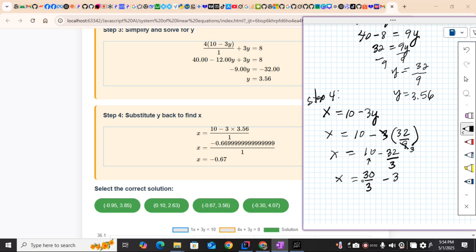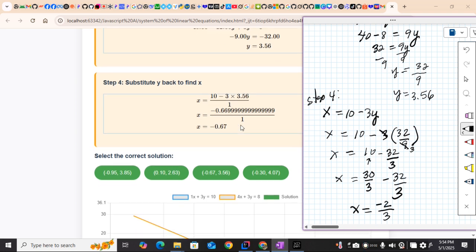So minus 32 over 3. All we need to do now is perform the operation. So over 3, 30 minus 32 is negative 2. And that is indeed negative. If you use your trusty calculator, that's negative 0.67.